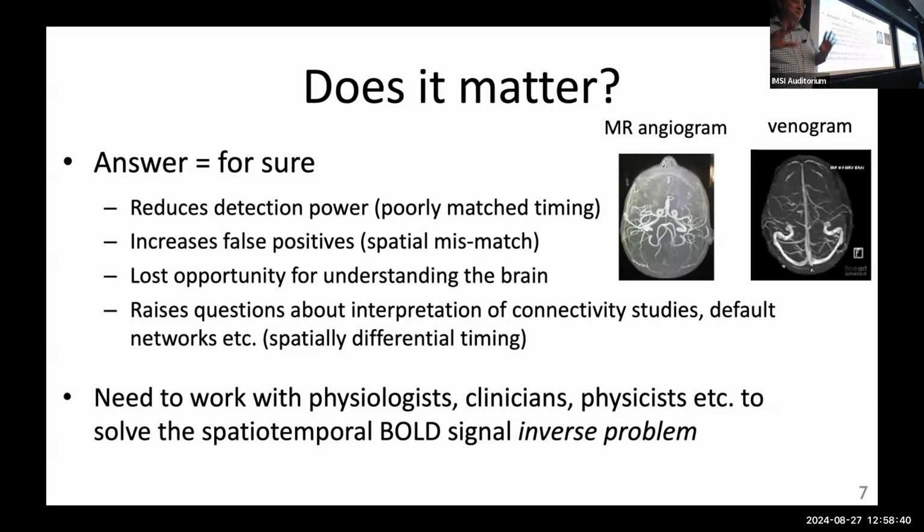I know there were comments yesterday about not overstating what connectivity is, that it's just correlation, but I think that's a bit of a cop-out. We can't just forever say all we're doing is measuring correlations. We really need to put the effort in to understand what exactly we are measuring and what the point of it is. If you have this complex branching system, you can have regions that activate at the same time or a little bit offset, and you might think they're talking to each other, but they're not at all. It's just coming along the same pathway.